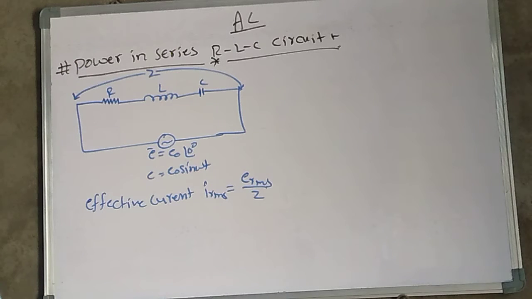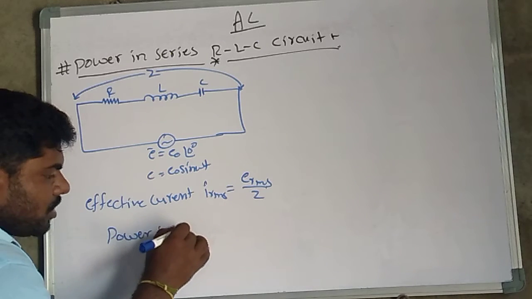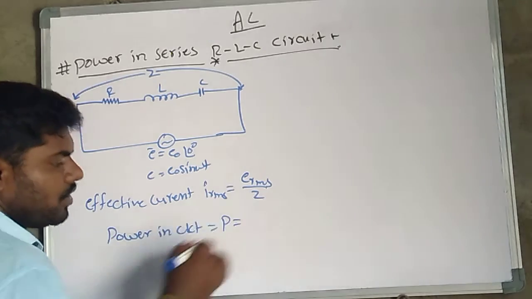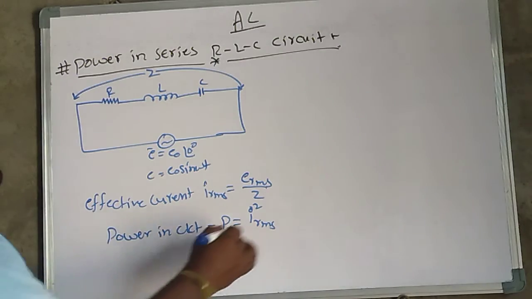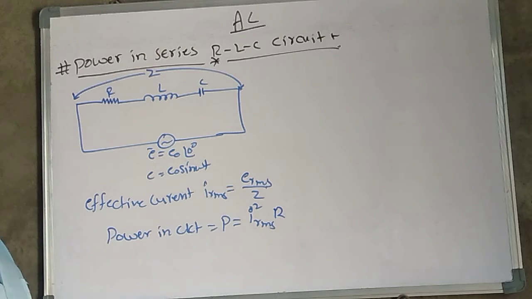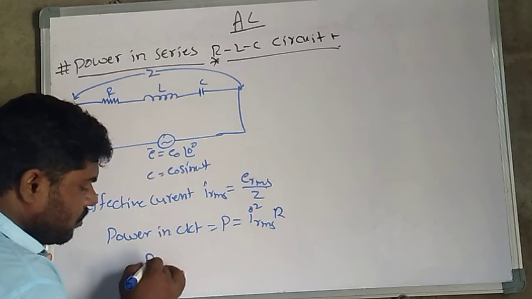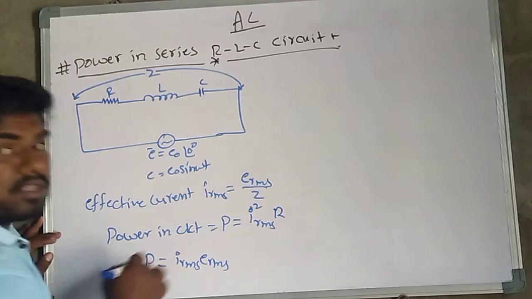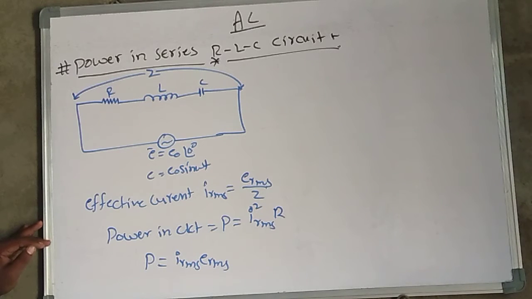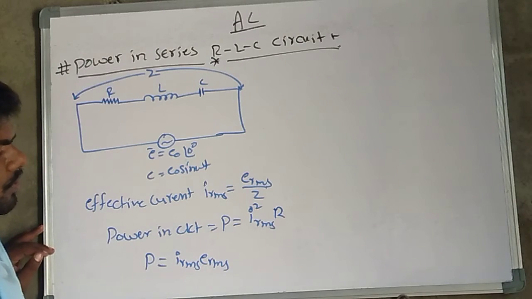Power in the circuit is P equal to I_RMS squared into R in a pure resistor case. Here P is equal to I_RMS into E_RMS.